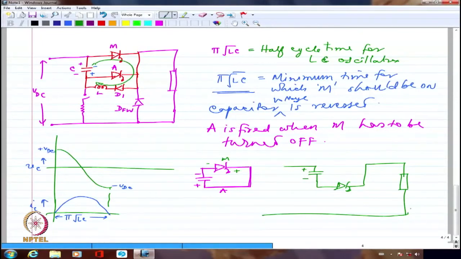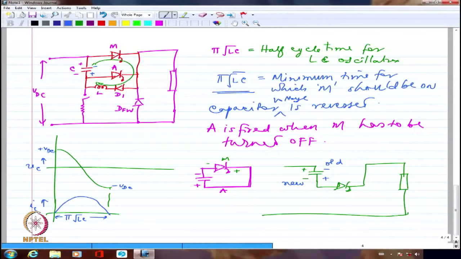The capacitor voltage was originally like this. Slowly from that it will come to, so this is the old polarity. Now this is the new polarity. So slowly the load current will try to reverse the charge across the capacitance from this to this. But in the process, definitely it will go through a zero.